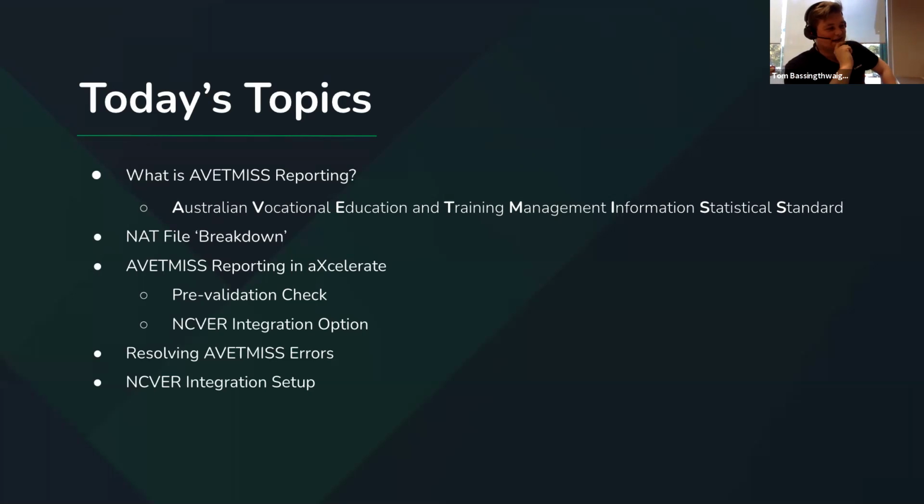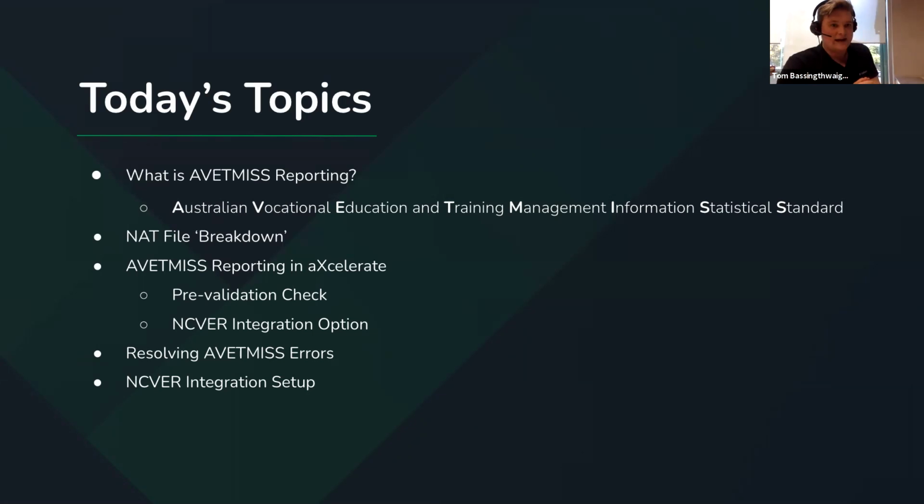On the screen, you can see it stands for the Australian Vocational Education and Training Management Information Statistical Standard, just to keep it nice and simple. It's very important that you get this information correct when reporting.